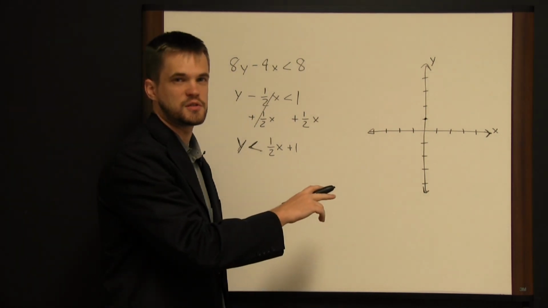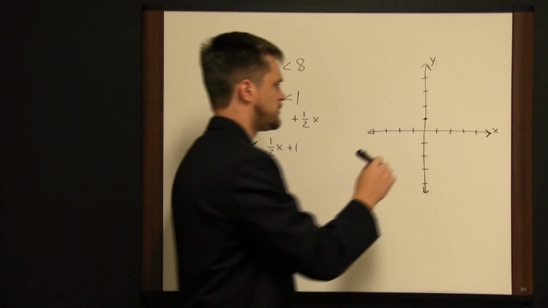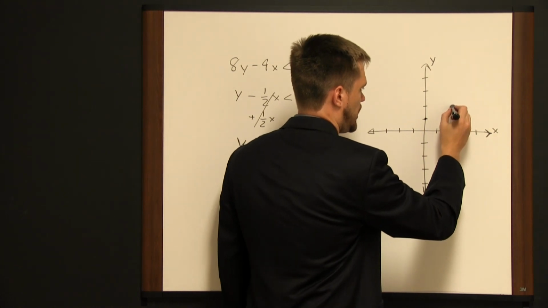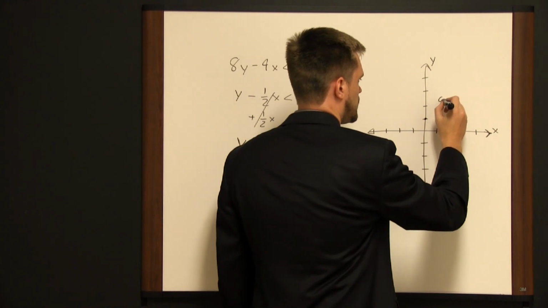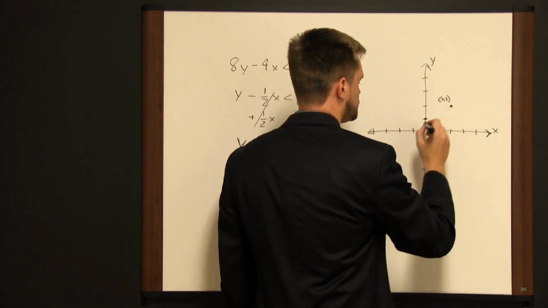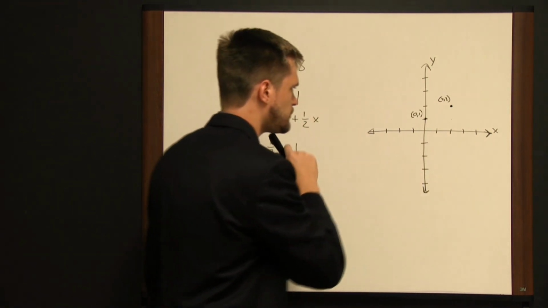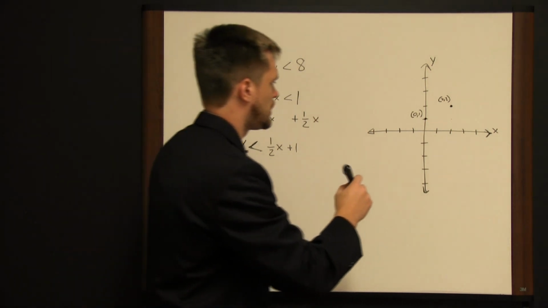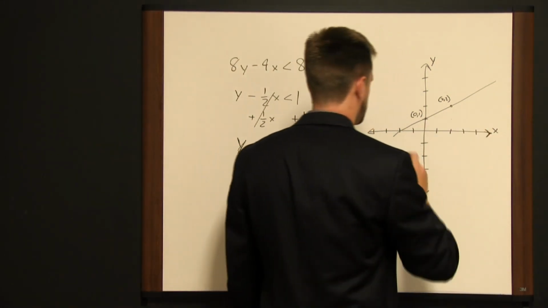Or for every 2 units it moves to the right, it moves 1 unit up. So we can plot a second point for this line by moving 2 units to the right and 1 unit up. And so our second point for the line is going to be up here at 2, 2. And this first one was at 0, 1. And so these are the 2 points for the line. And so let's go ahead and draw the line through these points.